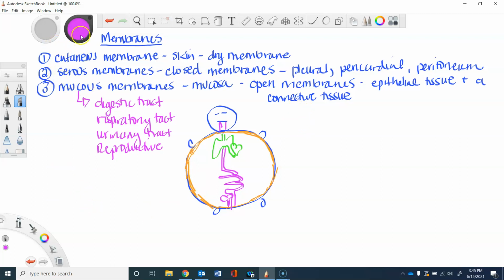Okay, so the last type of membrane, so number 4 here, are the synovial membranes. And these are membranes that are in joint cavities.